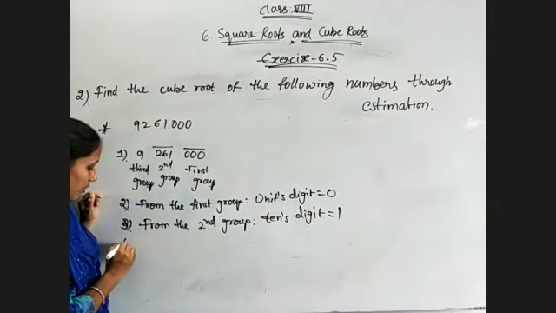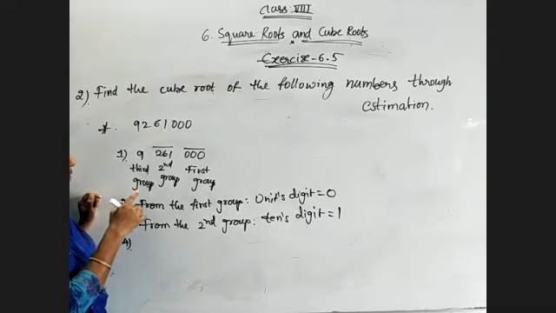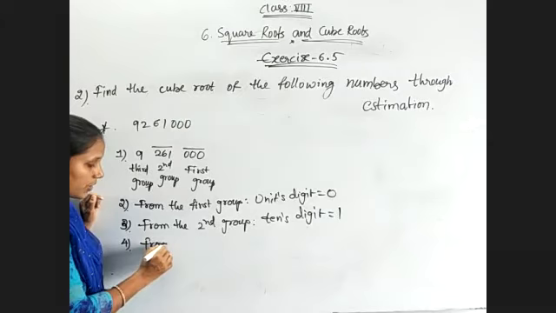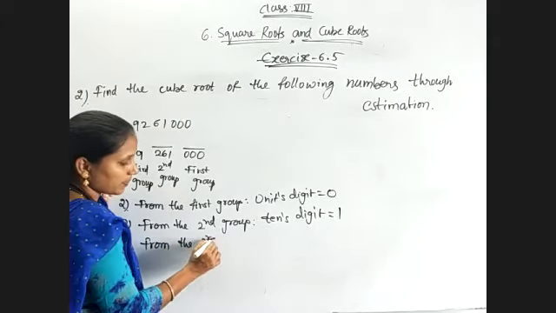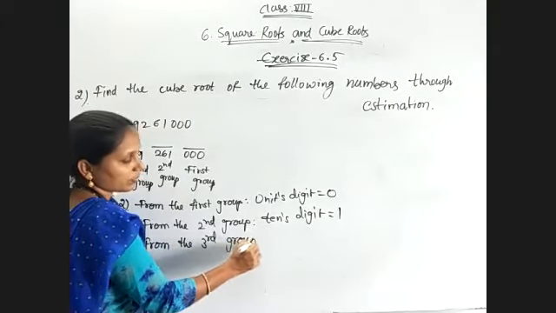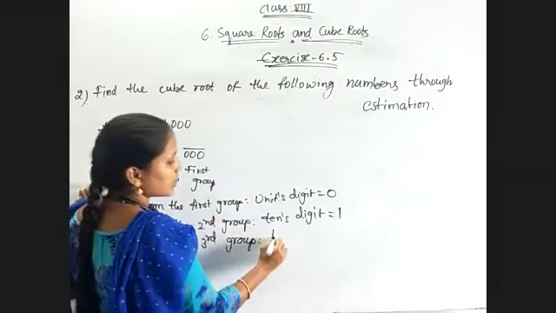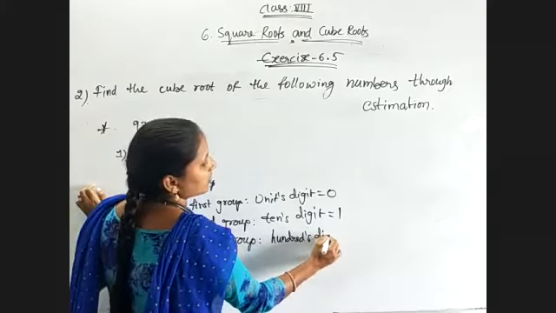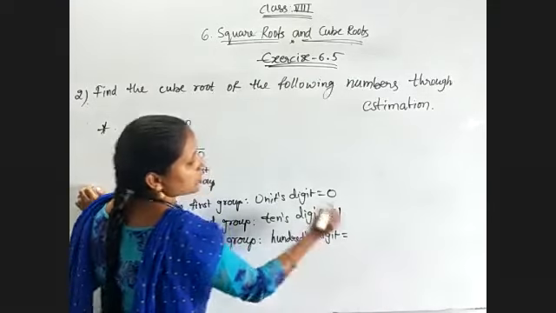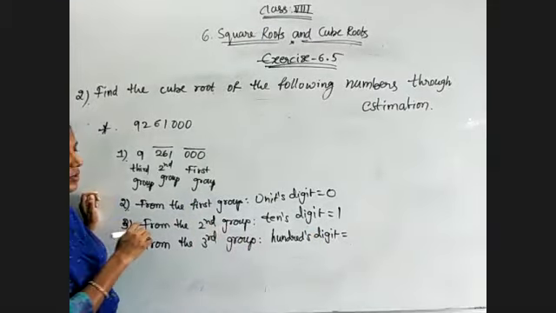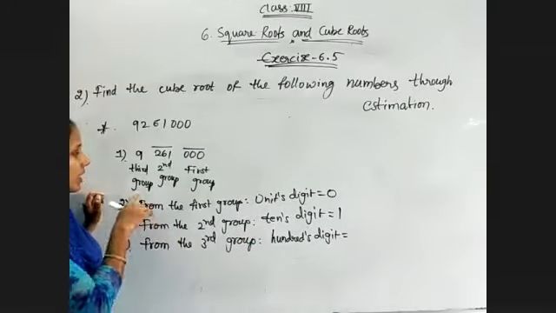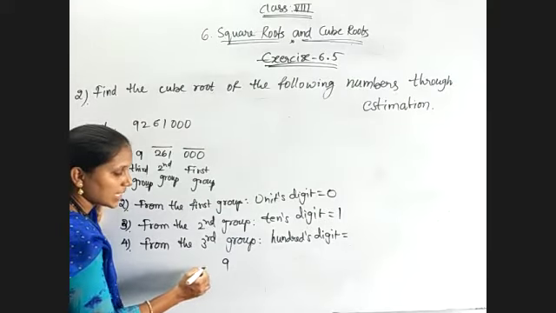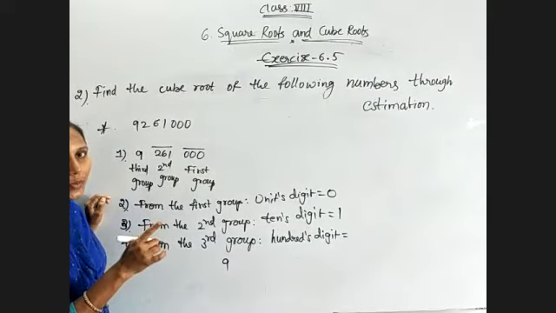And for the fourth step, we need to consider the third group. From the third group, the hundreds digit. Because 3 groups are there, that's why we are getting 3 digits in its cube root. What will we get for the hundreds digit? Because we have 9. 1 cube is 1, 2 cube is 8.